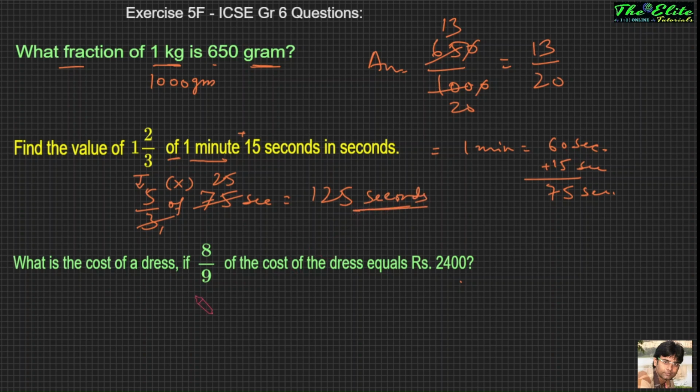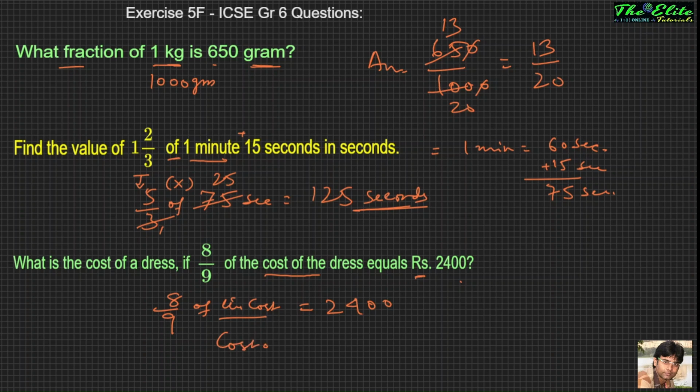What is the cost of a dress, if 8 over 9 of the cost of the dress equals this? Suppose your cost of the dress is any amount, like rupees X. Here we are dealing with rupees. So you can think that if 8 by 9 of the cost is equal to rupees 2,400, what is the cost?